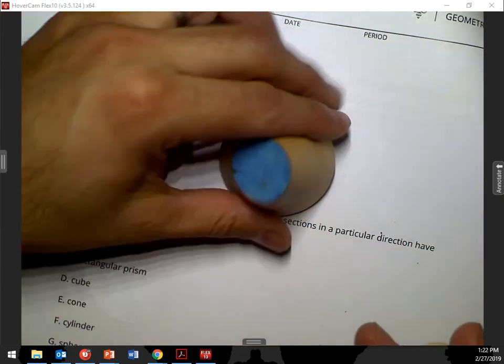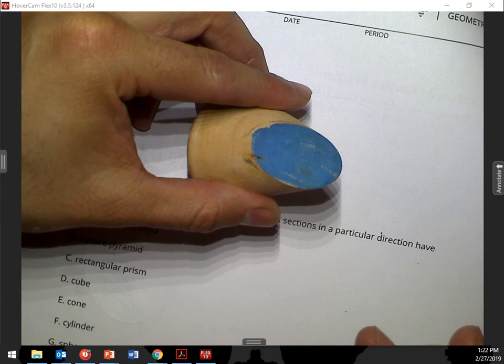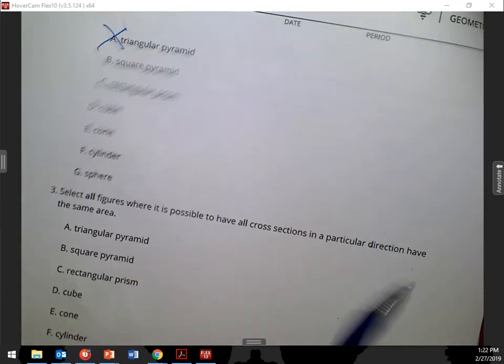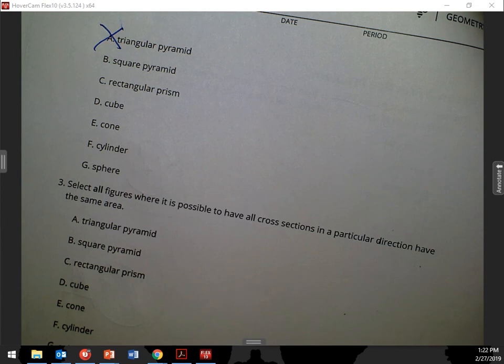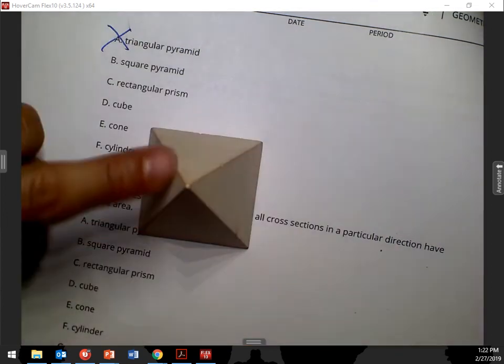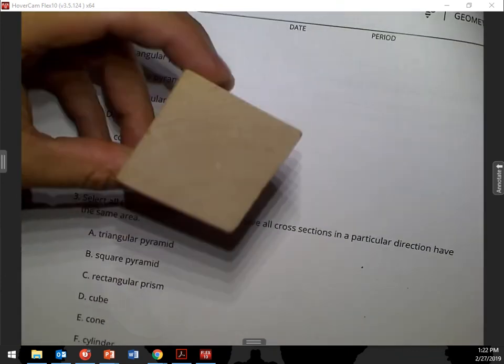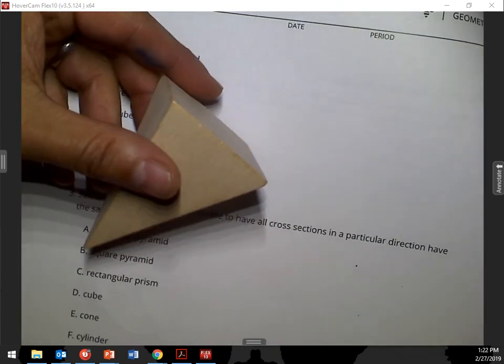Whoa, there we go. Square base pyramid. Do you think anywhere on here I could actually slice this and get a circle? No, it's too sharp.